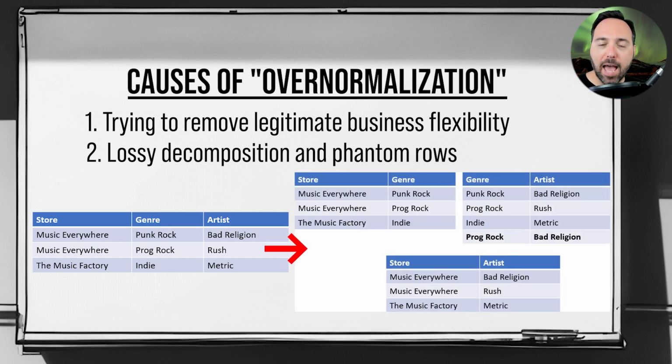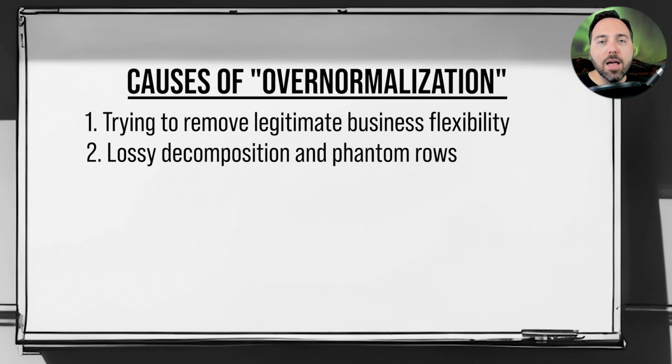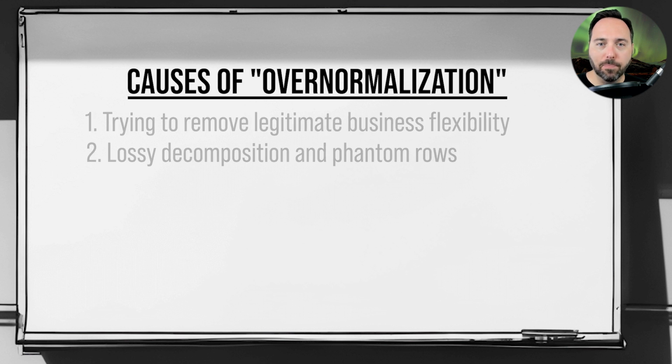If we do not have a symmetric constraint, but do break this into 3 relvars, we can end up adding a new row and reconstituting these relvars in a way which should not apply, leaving the music store forced to sell a prog rock album because the data model demands it, regardless of whether they actually put it on the sales floor. This kind of phantom row problem, again, is not a failure of normalization. It's a failure to understand the data model.